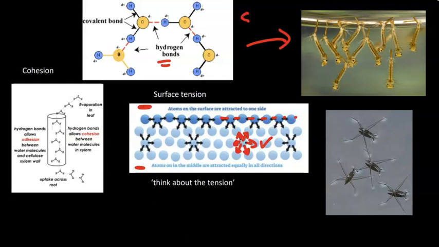They have a structure called a siphon on the end of their abdomen that they use for ventilation, and this is stuck to the surface of the water molecules, allowing them to hang from the surface. So they're ventilating with air, but they're also taking advantage of the support of the surface tension.